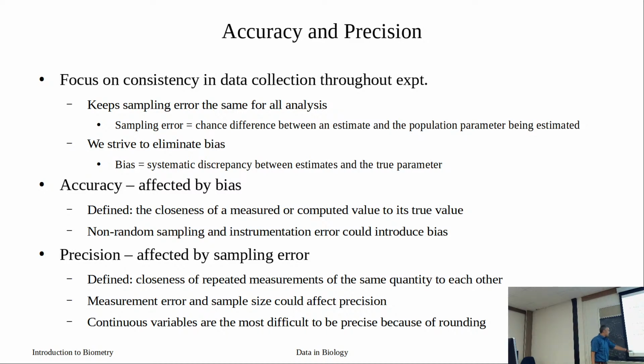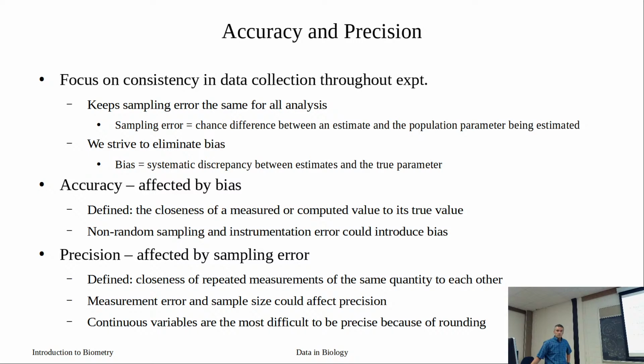The more sampling error we have, the more scattered our data points are going to be, the larger the variance. In terms of our measures of central tendency, which is where we typically focus, a balance point type deal, and dispersion, which is the spread of the data, precision affects that dispersion, accuracy affects our central tendency.